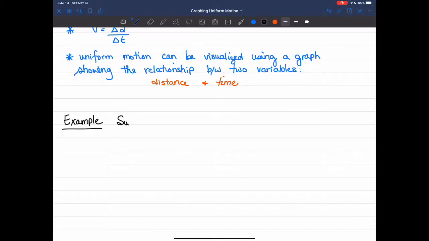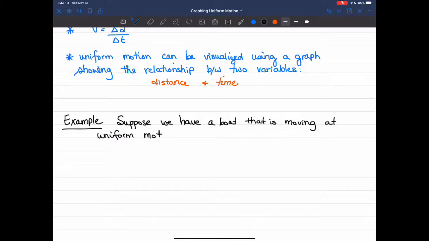And so let's give an example here. Suppose we have a boat that is moving at uniform motion, and it is passing these buoys that are 5 meters apart.